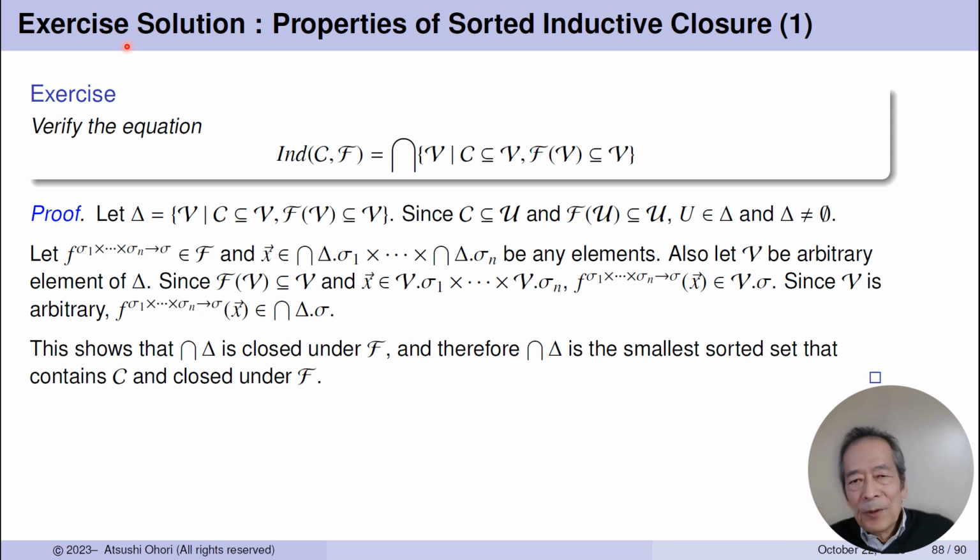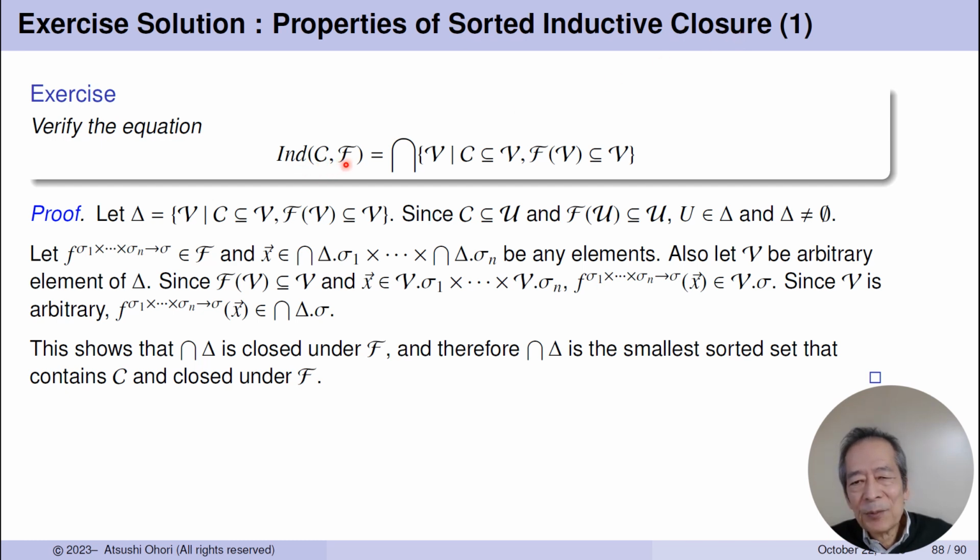In the previous video, we gave a small exercise about sorted inductive closure, so we gave some sample solution, right? So one exercise is this one. Verify this equation. This is a generalization of inductive closure to sorted inductive closure.